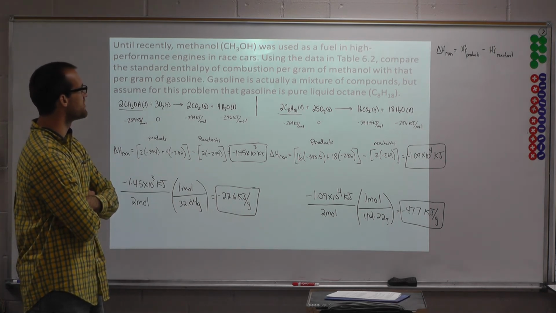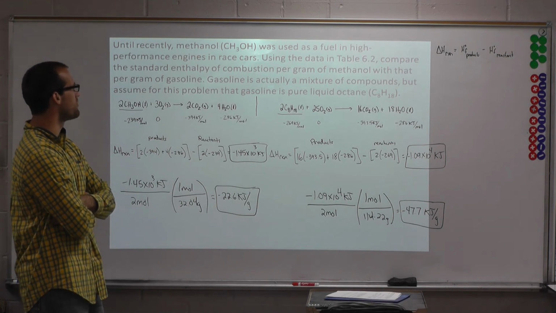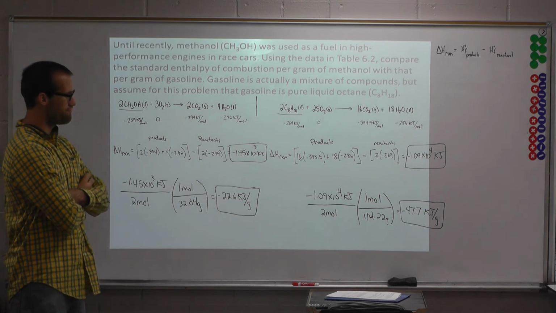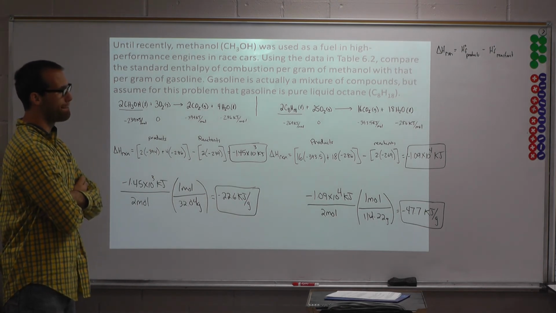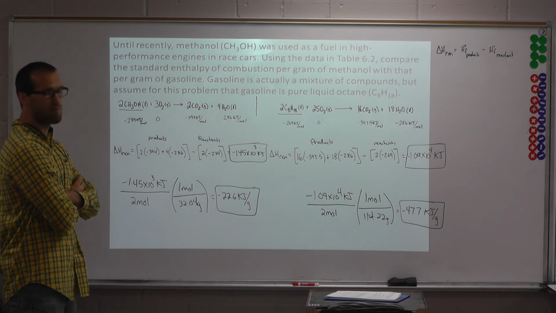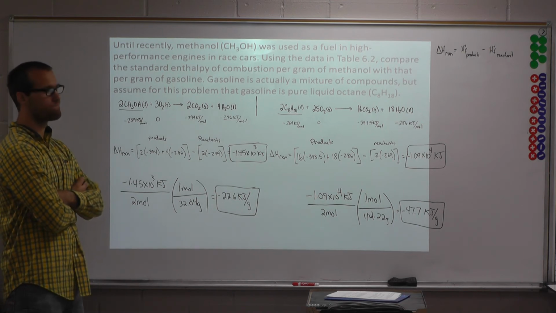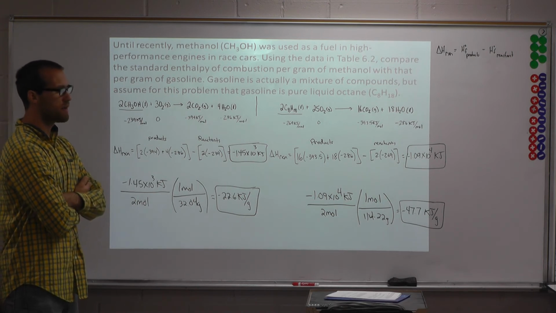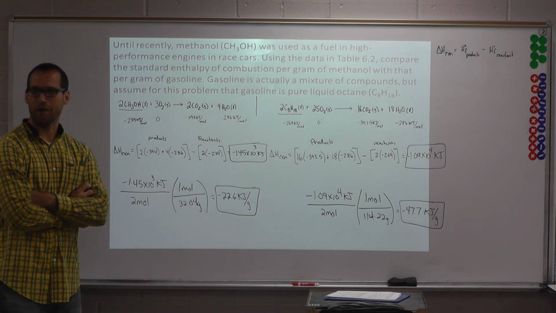Interesting that they chose to use methanol in their high performance engines when gasoline works better. Gives you more bang for your buck. So I'm guessing if they were using methanol, they were filling up way more often.